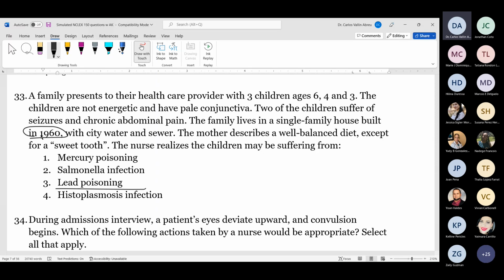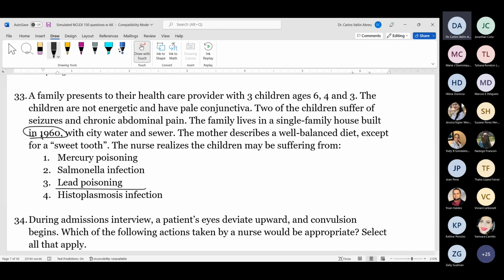But what calls the attention is that all the children are sick. So it is probably an environmental situation because all three children are sick. But the detail is the old house. Old houses have the tendency to have lead in their paint, in their plumbing, in their pipes, etc.